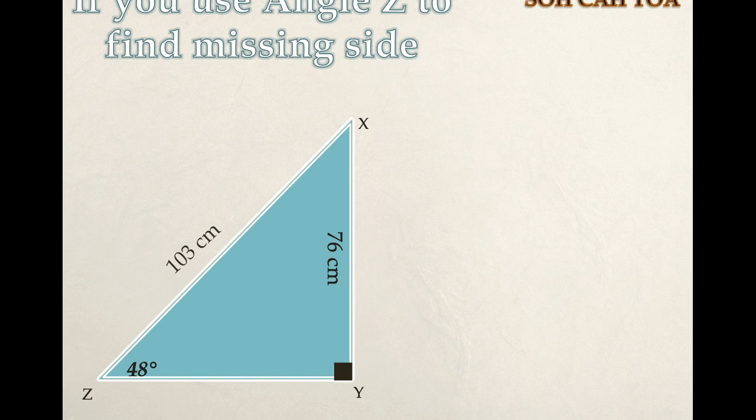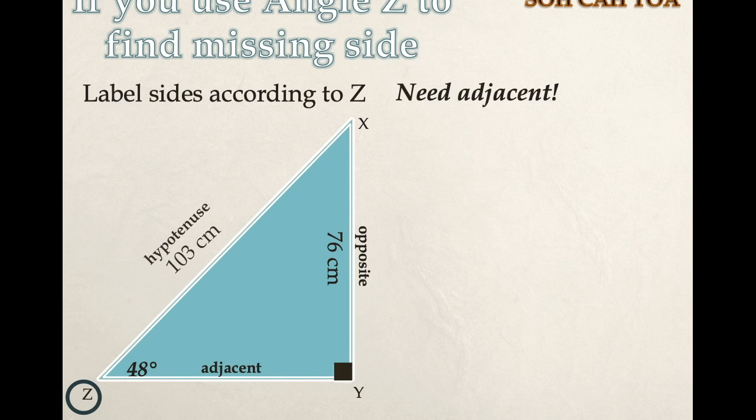If you use angle Z to find your missing side and not the Pythagorean theorem, we're still going to label our sides according to Z, like we did to find its angle measure. And you'll notice that you need the adjacent side. So you can do this using whatever ratio gives you the hypotenuse and whatever ratio gives you the opposite side. So here we have TOA. TOA is opposite over adjacent. So I have that the tan of 48 is equal to the opposite side, which is 76, over the adjacent side here.